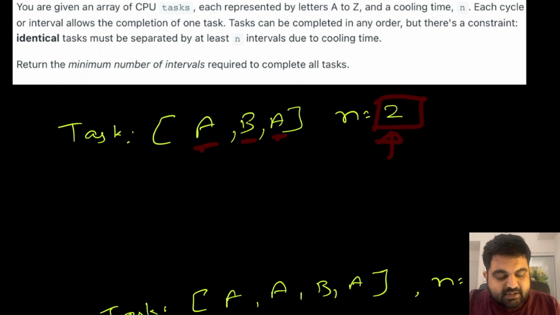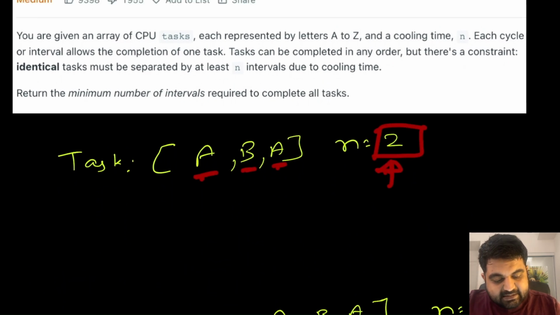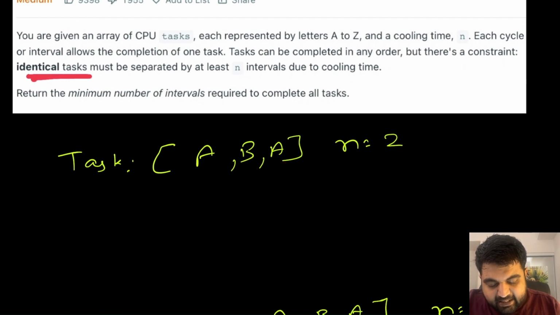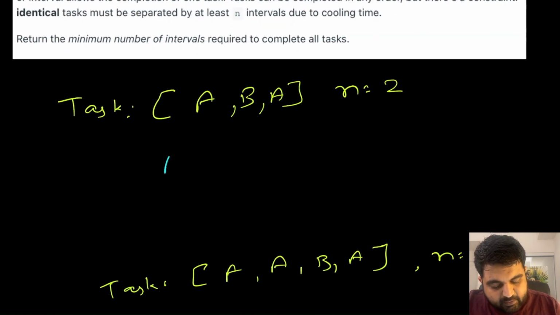Now, how does this cooling down period affect our tasks is that identical tasks must be separated by n intervals. So let's assume that during the first window, we start to complete task A. Okay, so we got rid of this task.